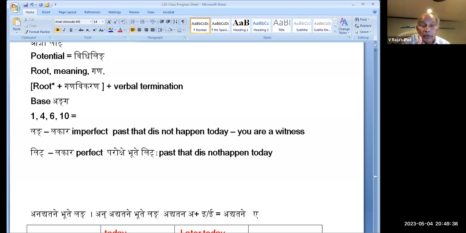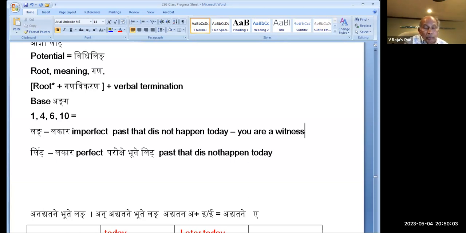So when you ask a question and the person you are asking says, my teacher told me this, you have more respect for that answer. So this is what lit lakara is, very complex, but used extensively.